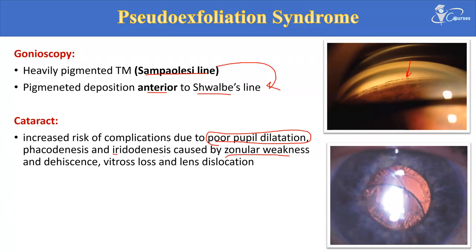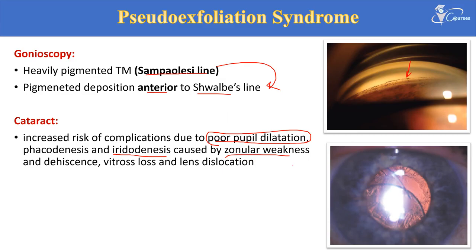iris tremulous or iridodonesis, and they will have more likelihood of intraoperative complications, like bag dislocation, lens dislocation, rupture of the posterior capsule, dropping of the lens, and it can even start or continue after the surgery.